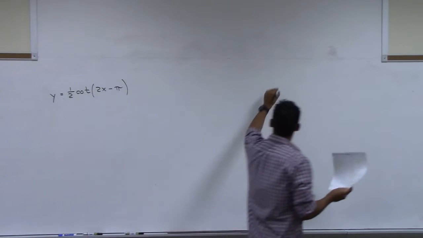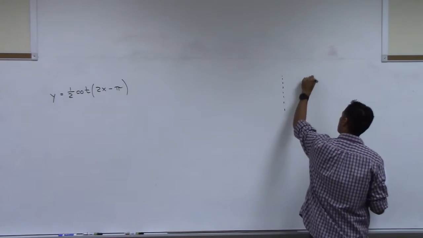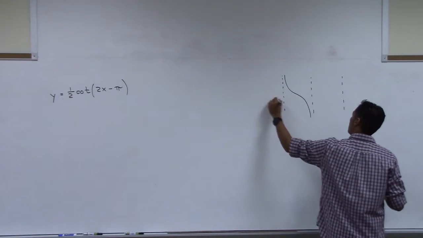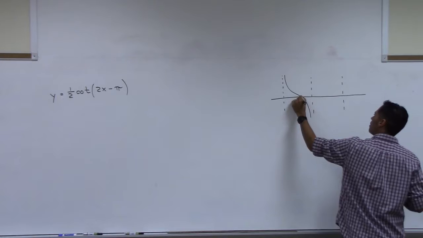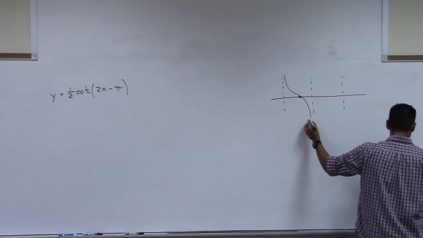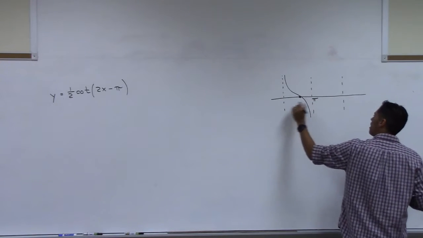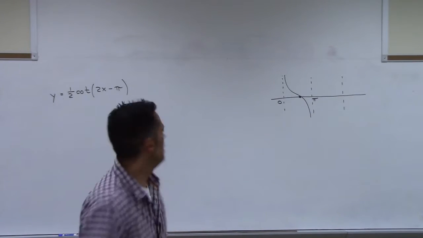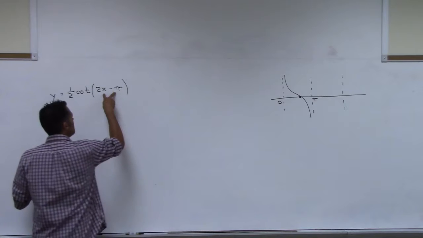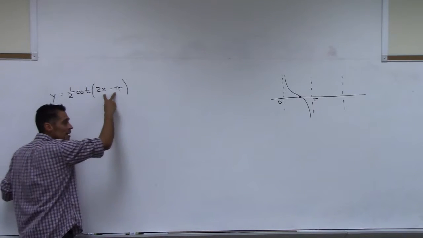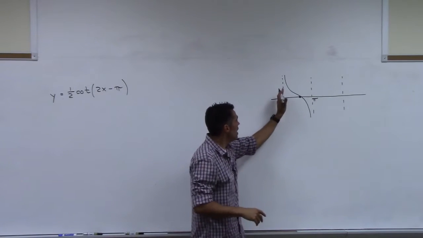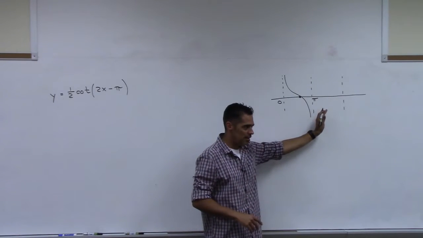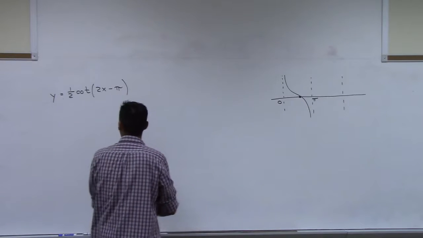It has vertical asymptotes. It looks a lot like tangent, but it's backwards, like this. This vertical asymptote's at pi, and this one's at 0. So you would know to set this equal to 0 and pi if you looked at the graph and identified that one period of the cotangent function goes between 0 and pi. Otherwise, you just have to memorize it.